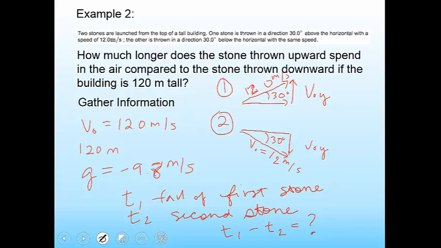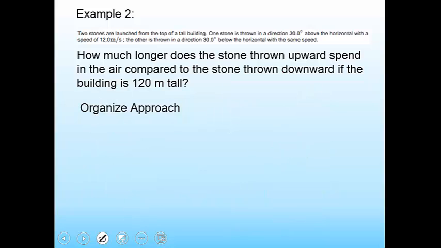Okay, so let's move on to organizing our approach. Organizing your approach is different from gathering your information because it gives you a little bit more detail. What we're going to do is draw a picture. So let's say we have a building.